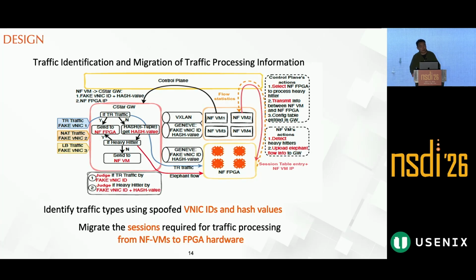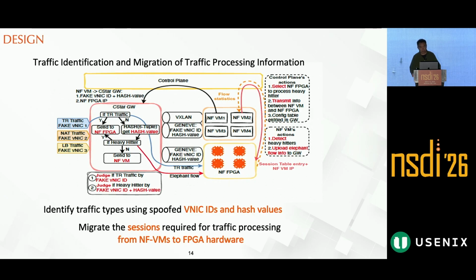Third, FPGA acceleration and elasticity support for I/O-intensive traffic, like transit router traffic and unpredictable elephant flows. We designed a hybrid data plane. The NF VM monitors real-time per-flow packet and byte counters.